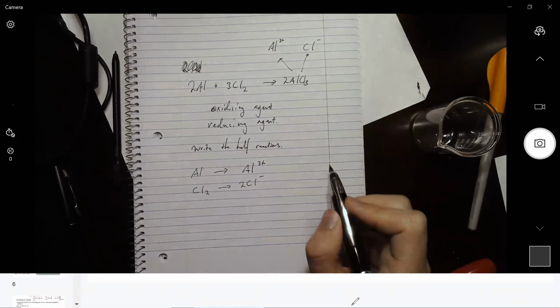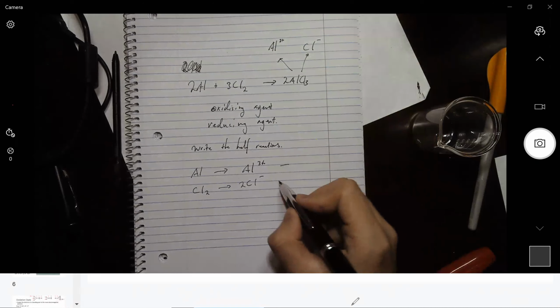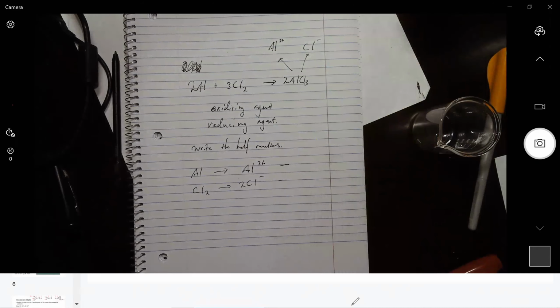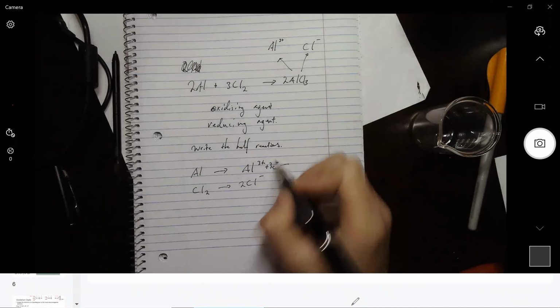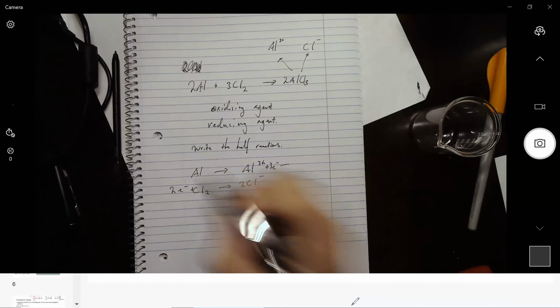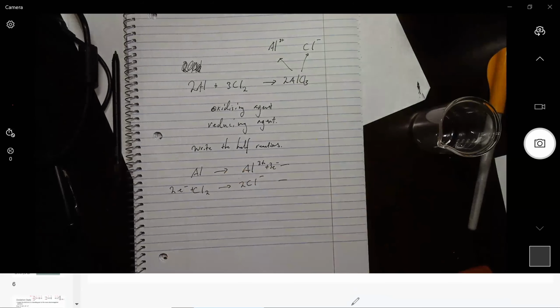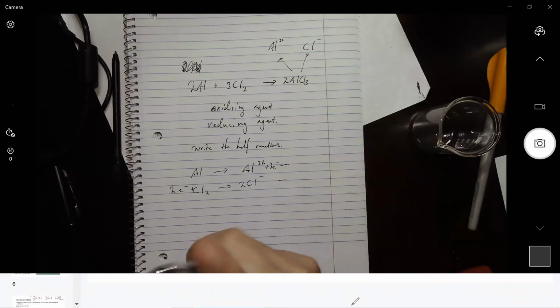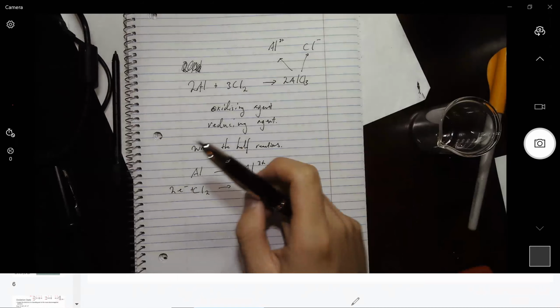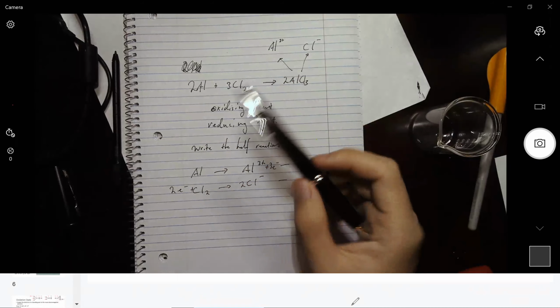Right? So which one of these is oxidation and which one is reduction? Remember, oxidation is a loss of electrons, and reduction is a gain of electrons.